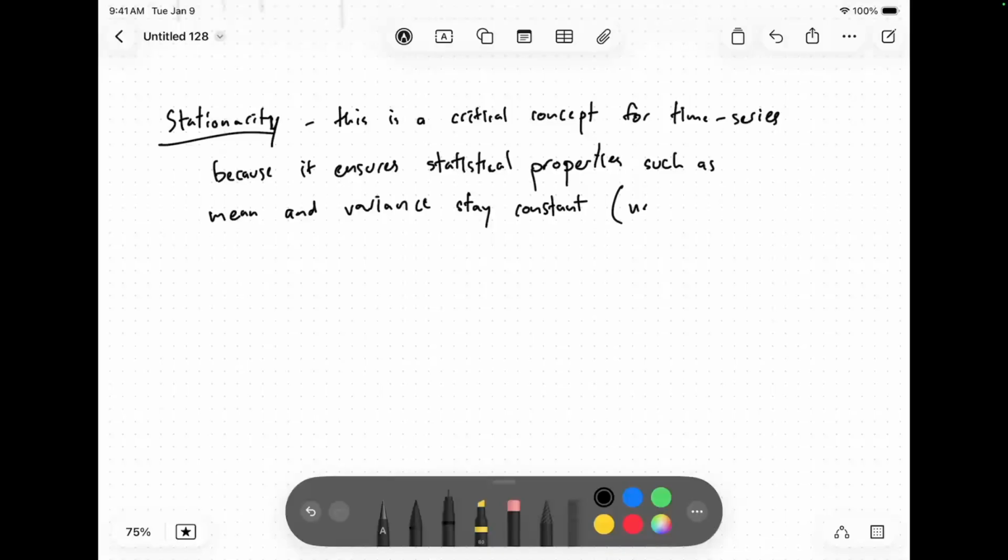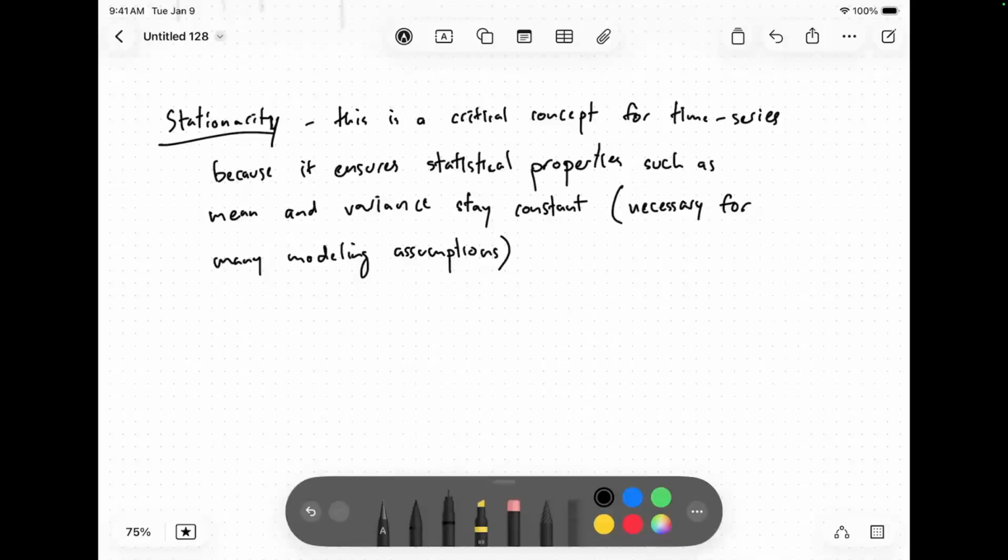And that is necessary for many modeling assumptions. So if you have mean and variance that is changing across your range of data, that can bias your model.